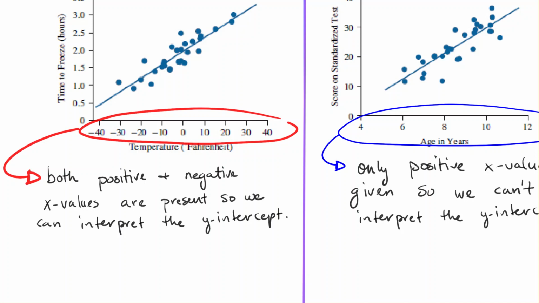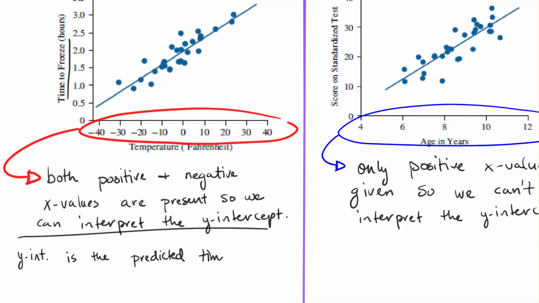So as I'm answering this, I would say my general start, the y-intercept is the expected, so remember, expected or predicted y value, which is time to freeze. Here we're freezing some amount of material.